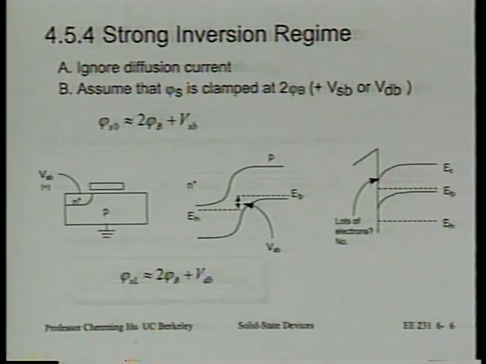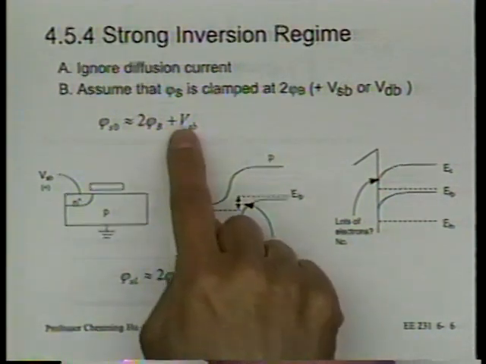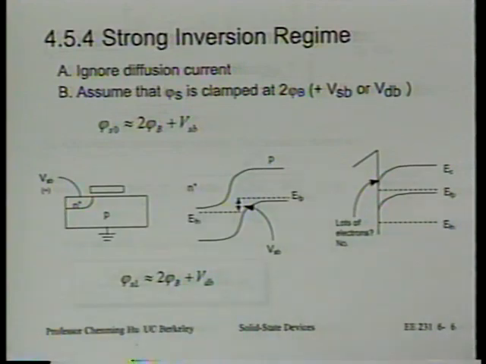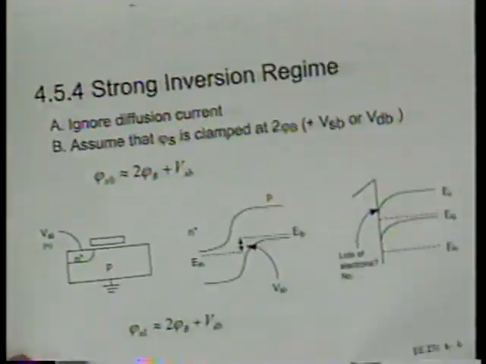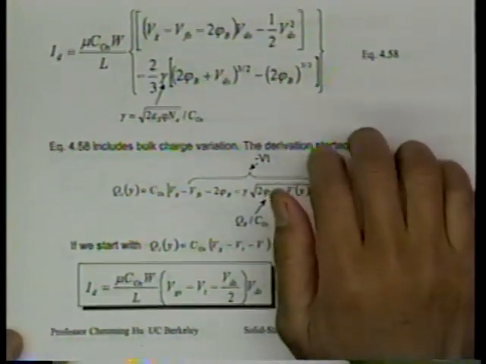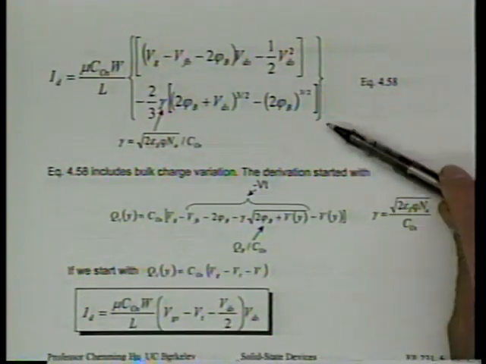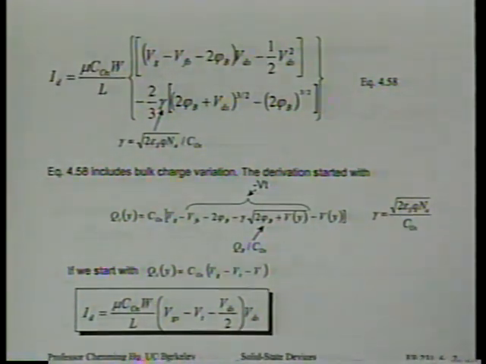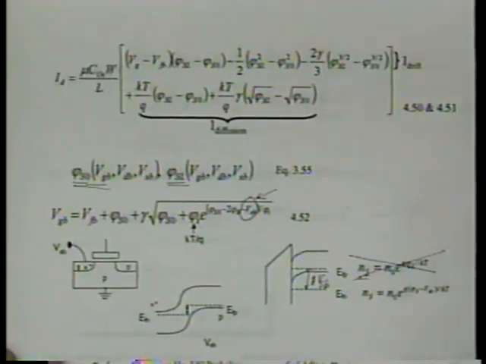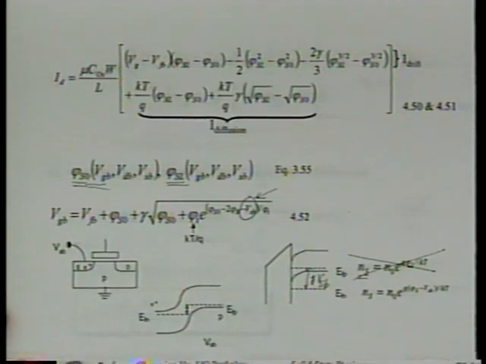If we now substitute these two into that full expression for IDS, and keep only the drift term, this is what we get. You don't have to flip your notes to the earlier slide 6.4.